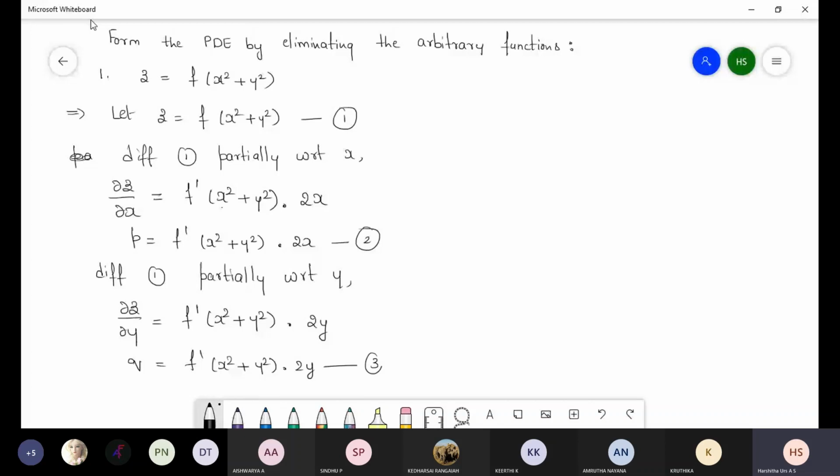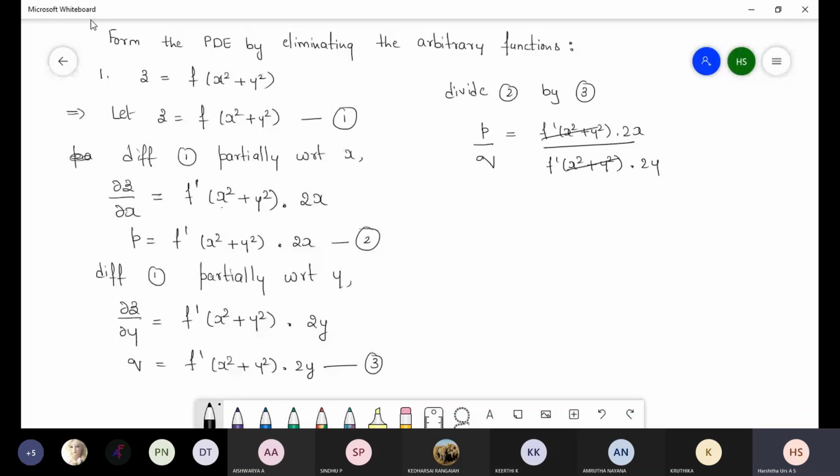Now we can't substitute in equation 1 because after doing the differentiation we got f dash. So we have to eliminate the function. So what we have to do, divide equation 2 by equation 3. Equation 2 is p is equal to f dash of x square plus y square into 2x, divided by equation 3, q, which is f dash of x square plus y square into 2y.